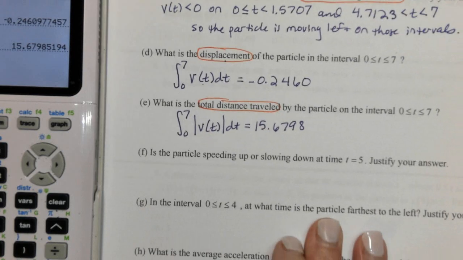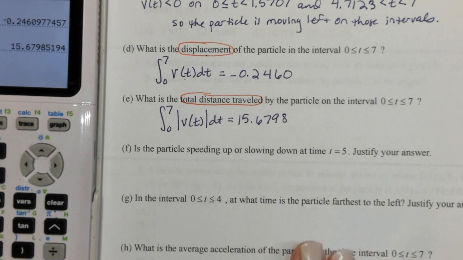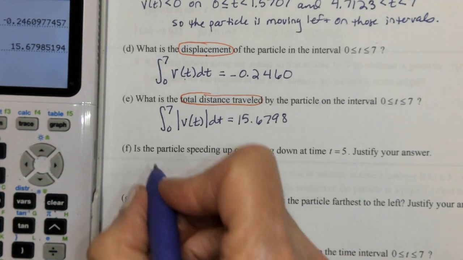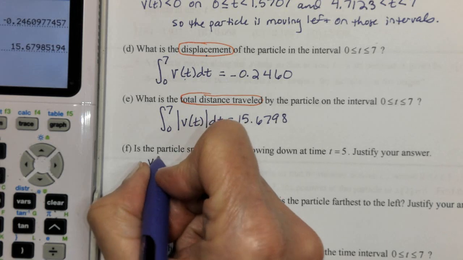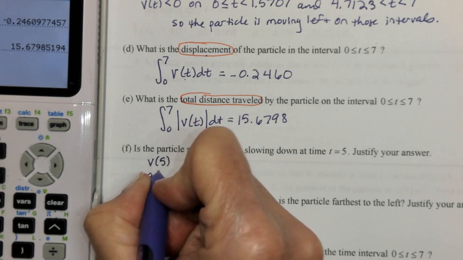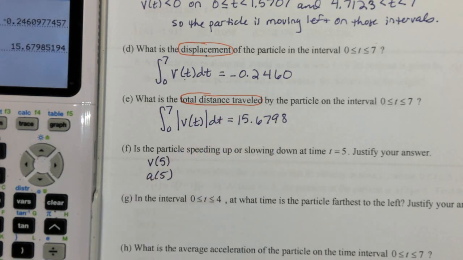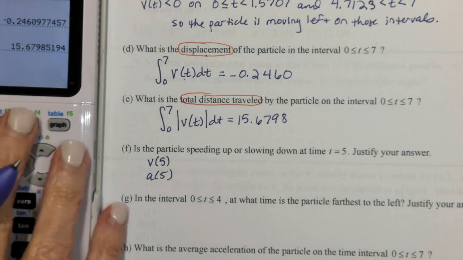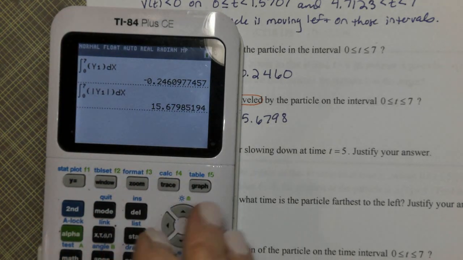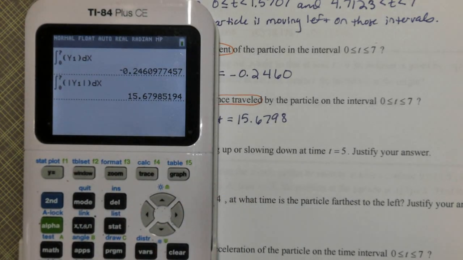All right, is the particle speeding up or slowing down at time 5? Well, we need to find v at time 5 and a at time 5. And we really don't care about the value there, we just need to know their signs. So v at time 5. V is our y1, so v at time 5 would be y1 at time 5.